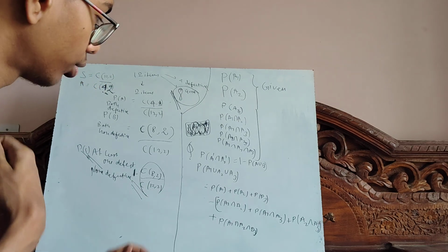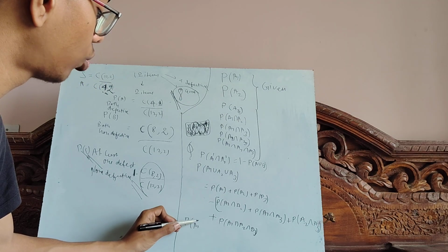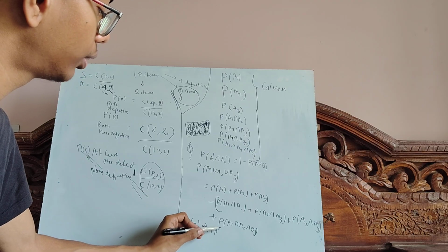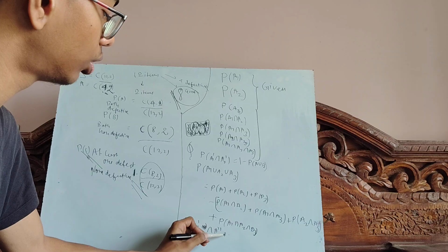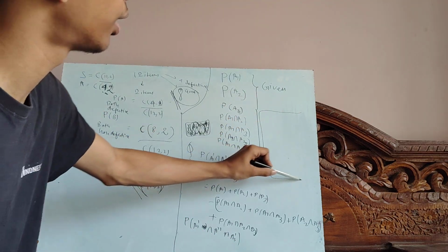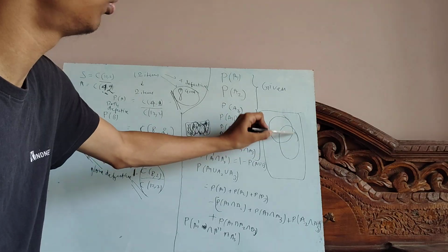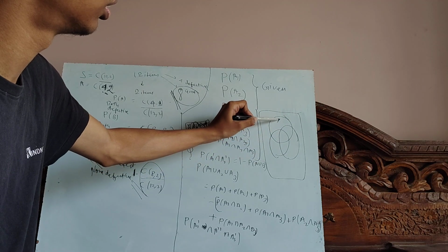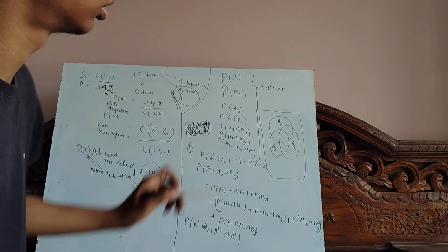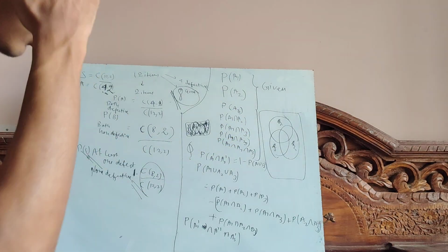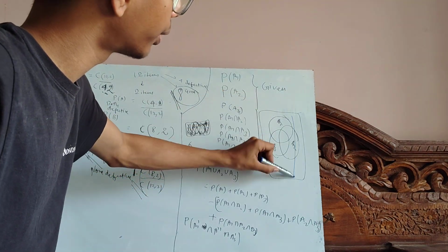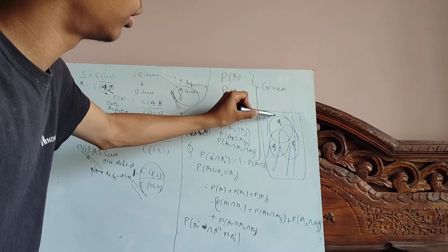Next question is find probability of A1 complement intersection A2 complement intersection A3 complement. Right. So what does it mean? I have A1, A2, A3. A1 complement means all of sample space but not A1.